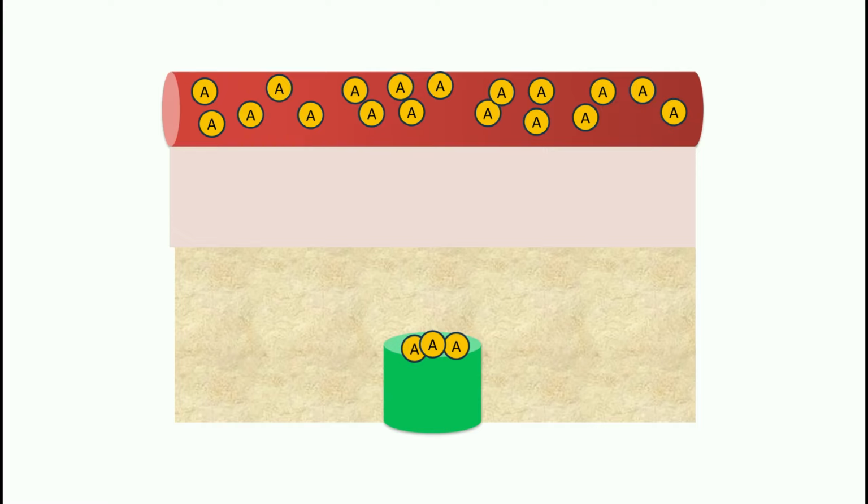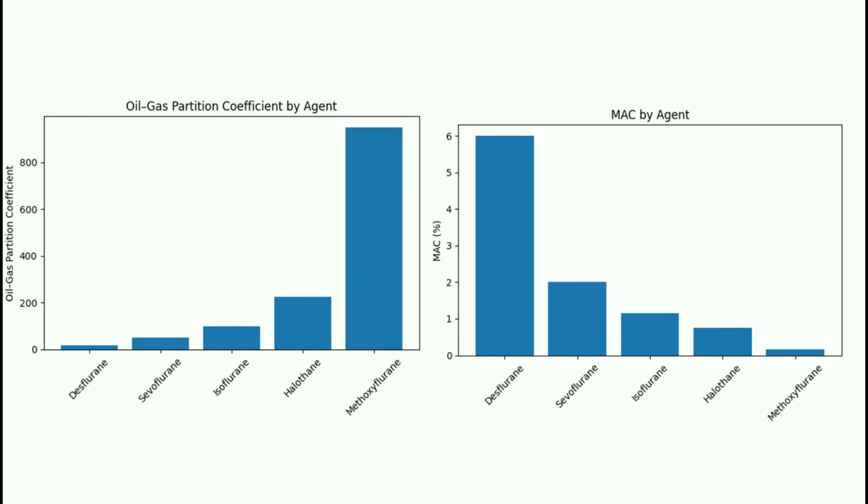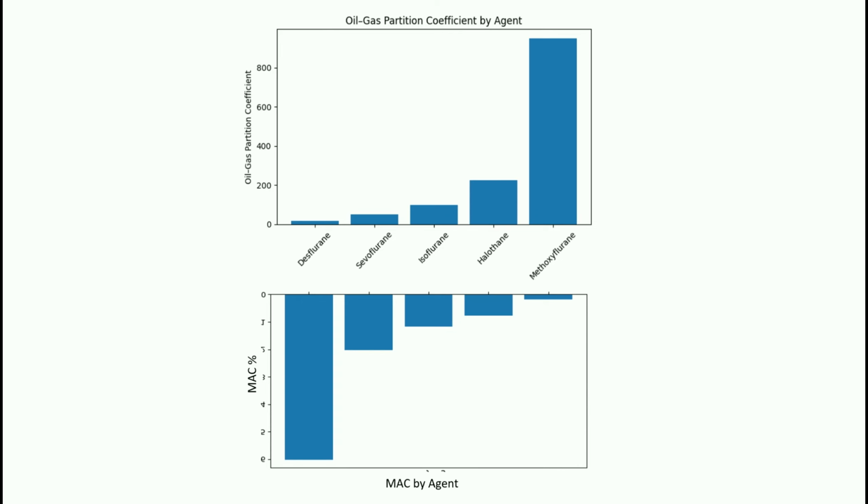Nevertheless, due to blood solubility, the onset of action is slow. Here are the oil gas partition coefficients and MAC values reproduced side by side, but perhaps it's easier to look at it this way. The lower the oil gas partition coefficient, the higher the MAC.